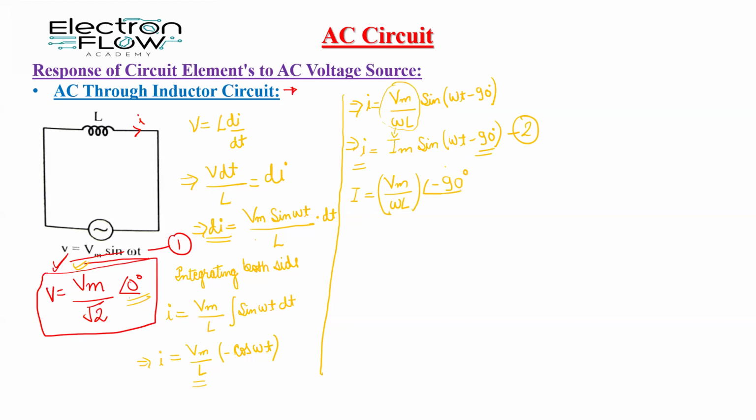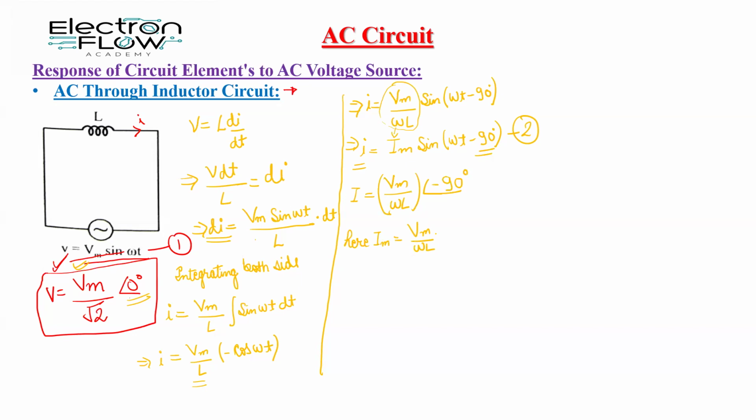Here Im is nothing but Vm divided by omega L, the maximum value of the current.